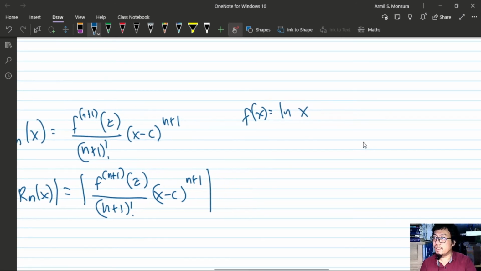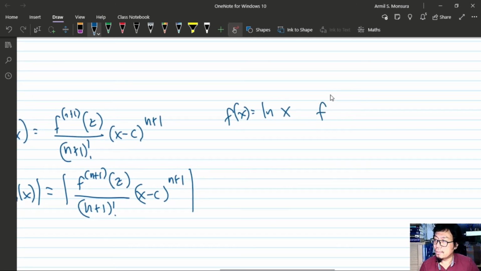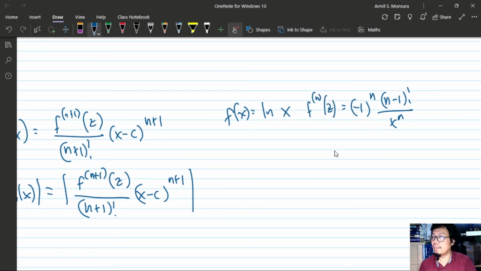Its nth derivative is negative 1 raised to n times n minus 1 factorial over x raised to n. This is f n of x, sorry.